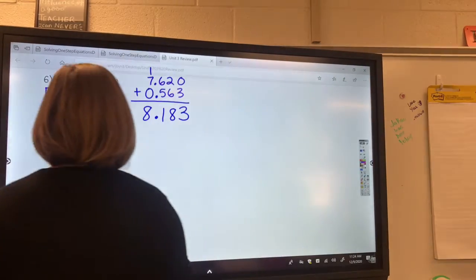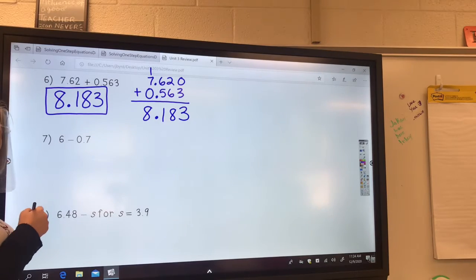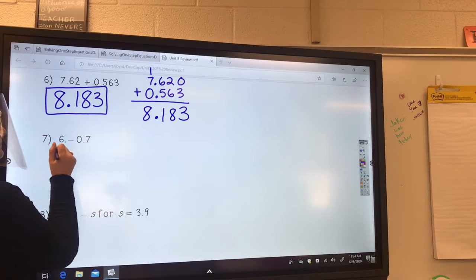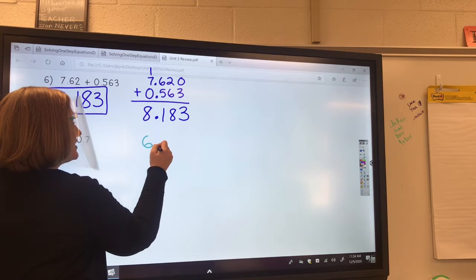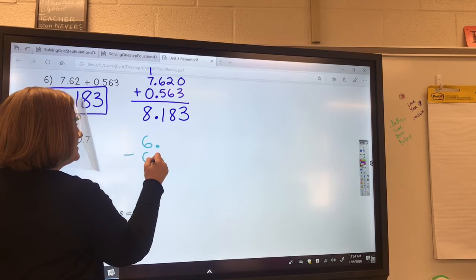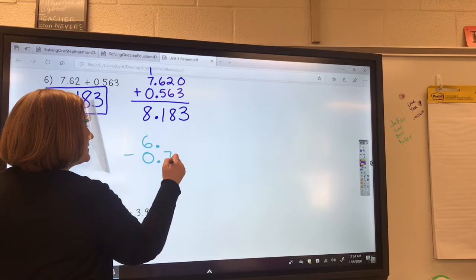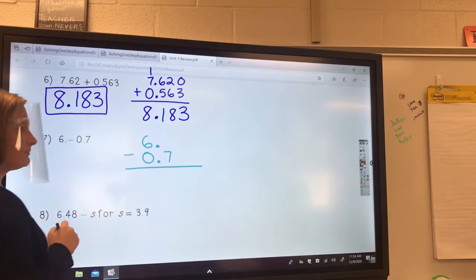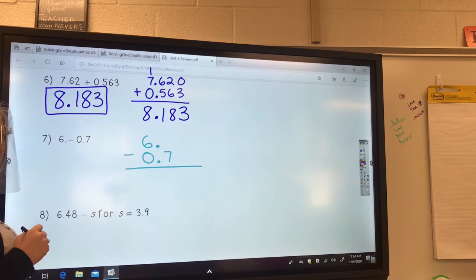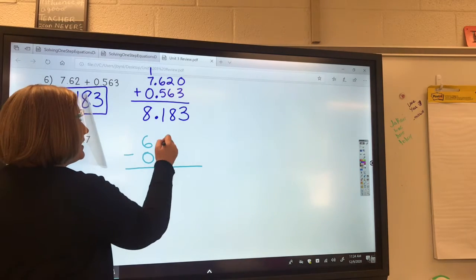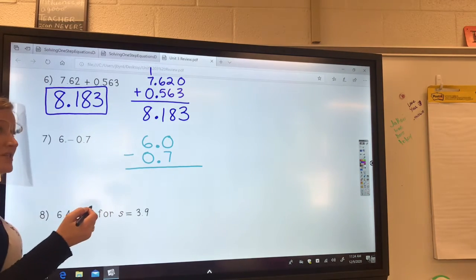Number 7. Where's my decimal for the 6? It's behind it. So I've got 6 with a decimal behind it minus 7 tenths. What do I need? A 0. Now I can subtract just like normal.